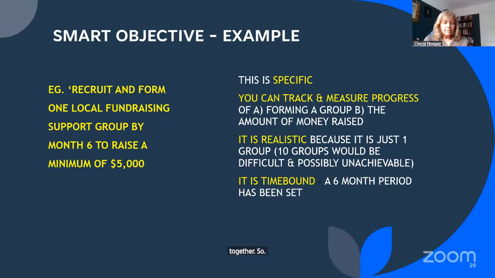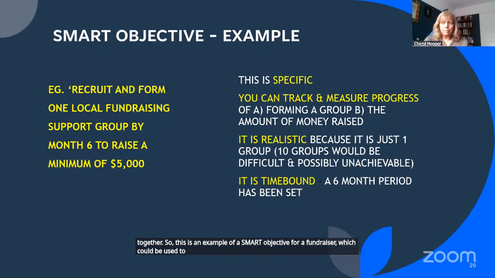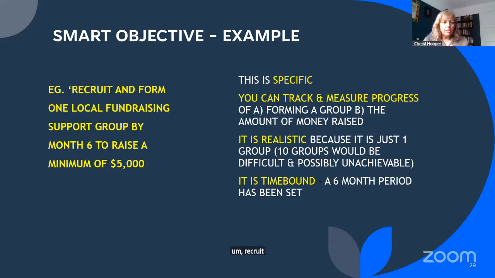So this is an example of a smart objective for a fundraiser, which could be used to measure their progress and manage the individual. So you'll see, just as a random example, recruit and form one local fundraising support group within 6 months, and you've got a target there of $5,000. So you can see in the work plan, this is a specific target that they need to be working towards.